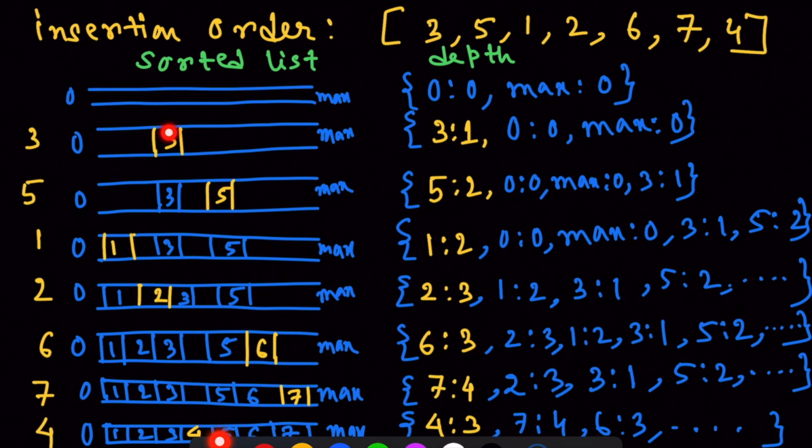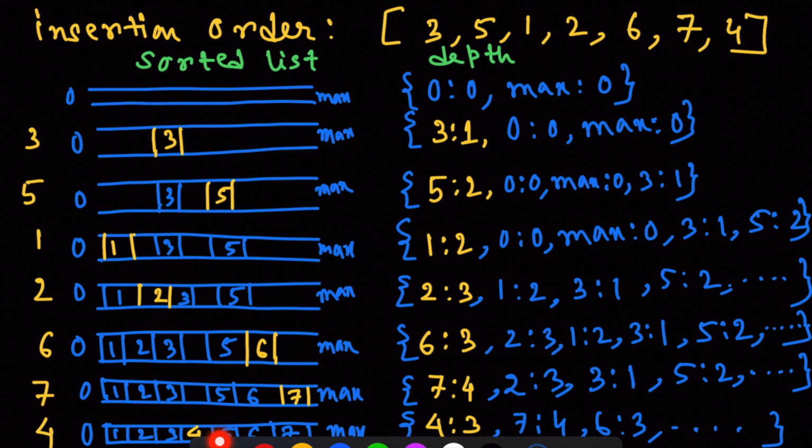Now I am inserting 3. What will be the depth of 3? I will check the left side and right side. 0 and max both have depth 0, so the depth of 3 will be 1. So basically we have nothing at the left or right, or this current node 3 is not the left or right child of any node. It's basically the root node, so its depth will be 1.